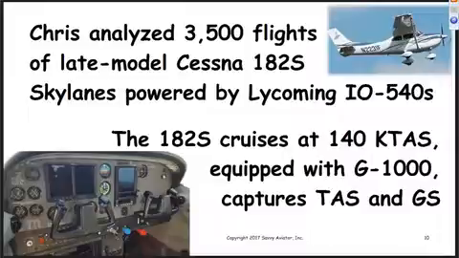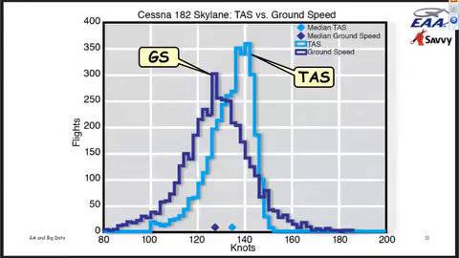So he wrote a little software to analyze these 3,500 flights of this particular cohort of aircraft, Cessna 182Ss. And here's a graph of the result of that analysis, in which the dark blue line is ground speed, and the cyan, the light blue line, is true airspeed.